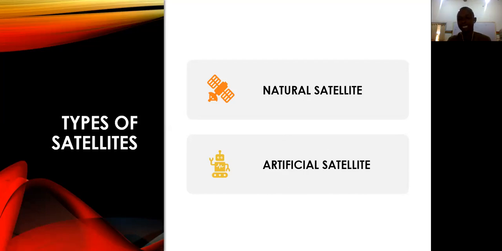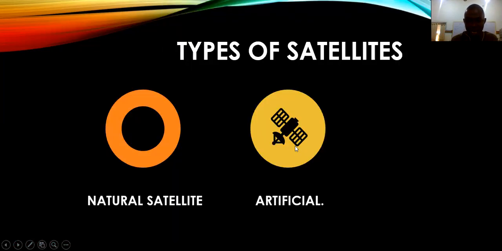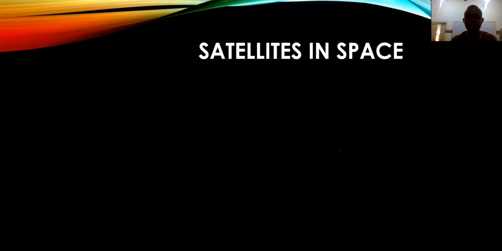It's from man's engineering intellect that gives birth to this type of satellite. And the natural one, it is God that made it. The only example there is the moon that I said earlier. So these are the 2 types of satellite. I represented it diagrammatically here. Artificial, and this is our moon, which is the natural satellite. Very good. Now, let's move on.